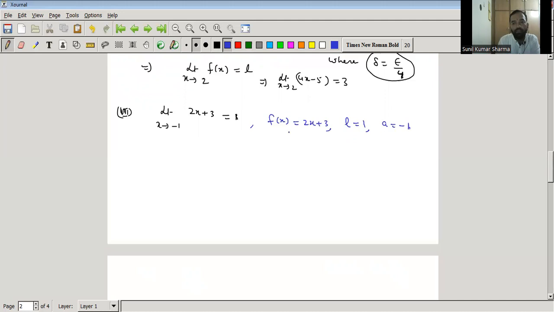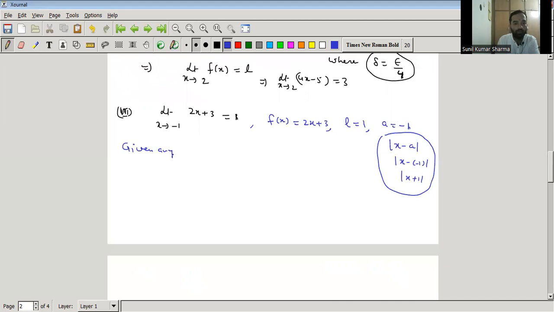So we have to estimate fx minus L, and we have to find mod x minus a. Mod x minus -1 is mod x plus 1. We have to find mod x plus 1. Okay, so let us estimate first.